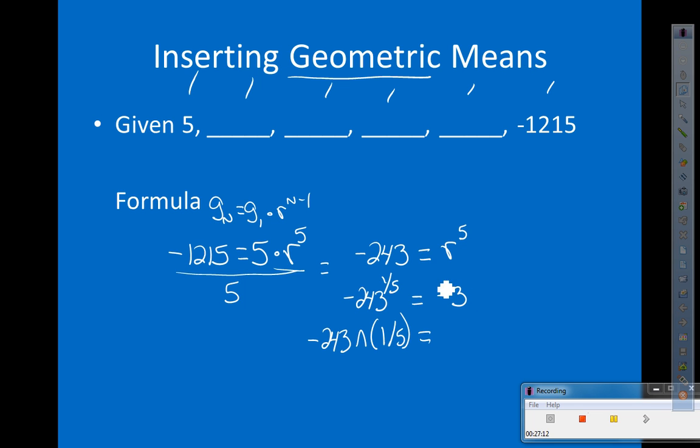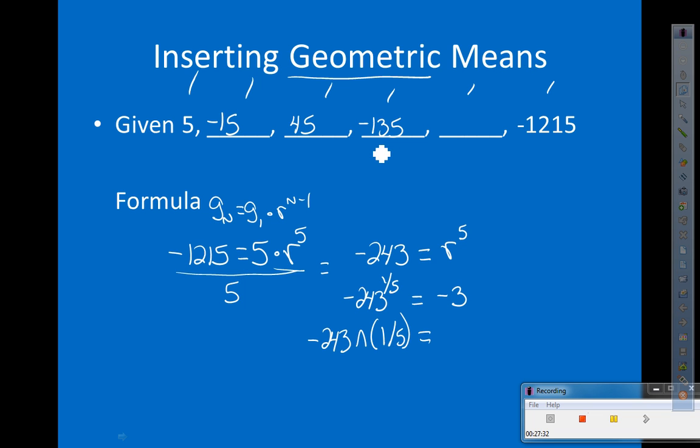So I'm going to multiply by negative 3 every time. 5 times negative 3 is negative 15. Negative 15 times negative 3 is positive 45. 45 times negative 3 looks like negative 135.